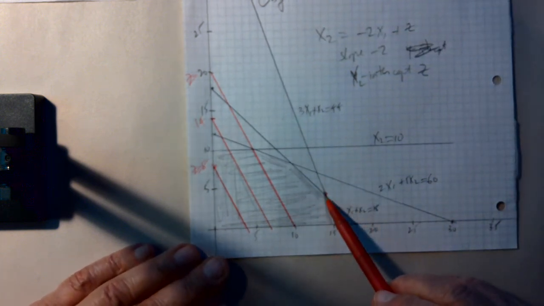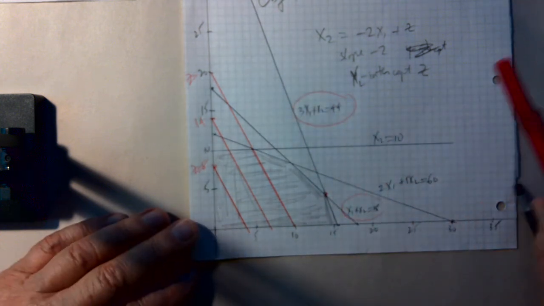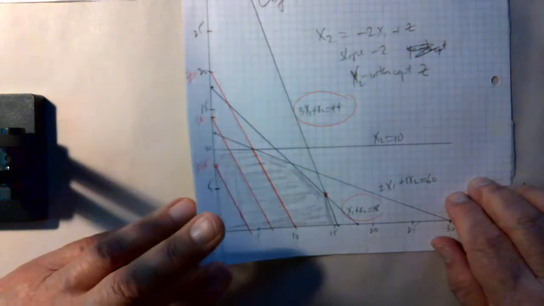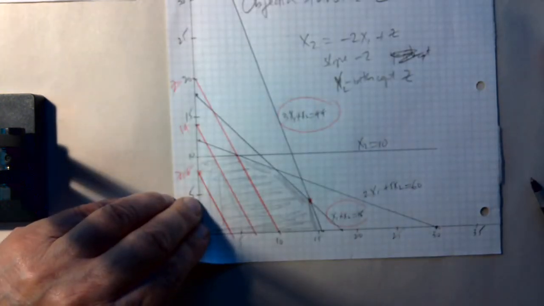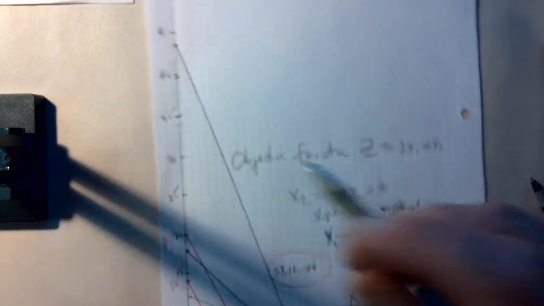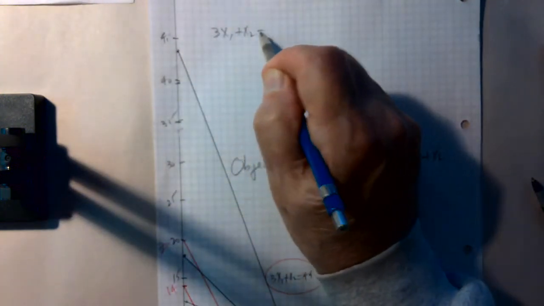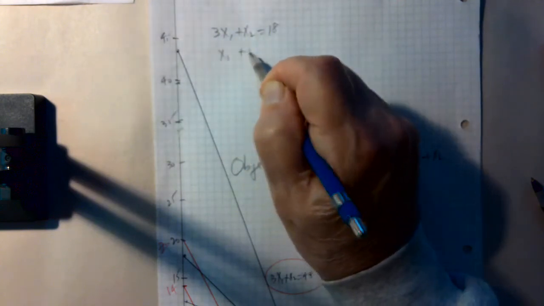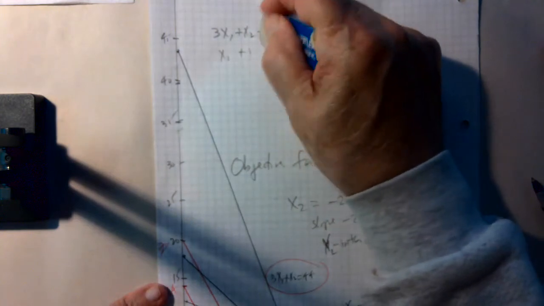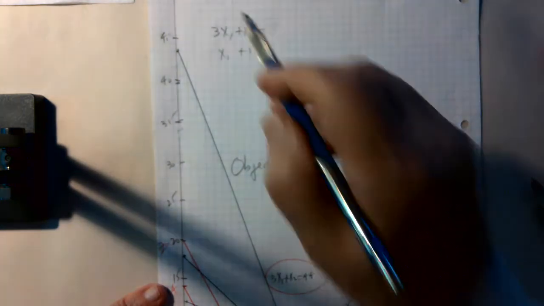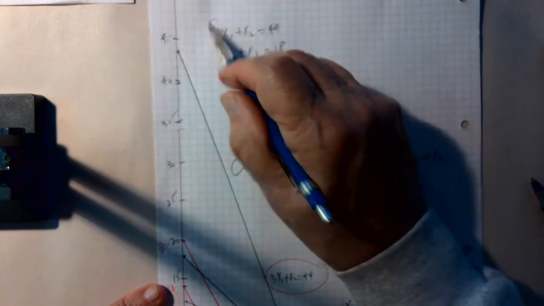So this point right here is the intersection of this line and this line. What are the coordinates of that point? Well, we have to solve 2 linear equations and 2 unknowns. What are the equations? 3x1 plus x2 equals 44 and x1 plus x2 equals 18.